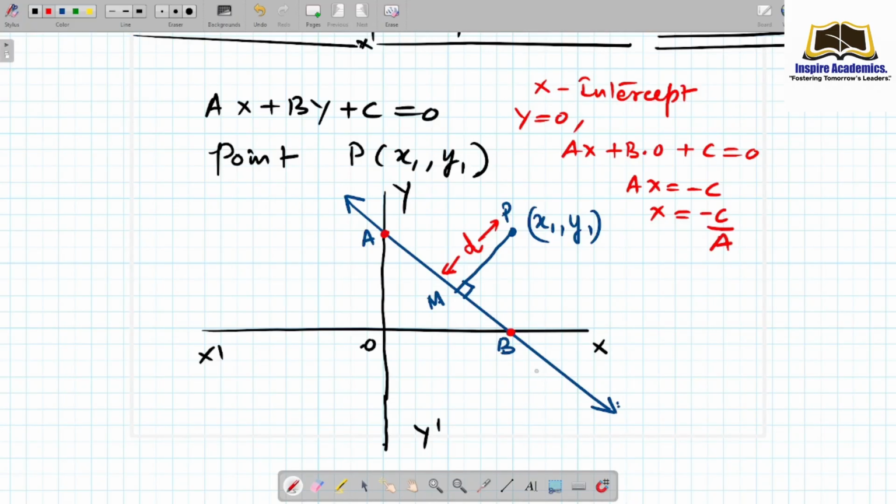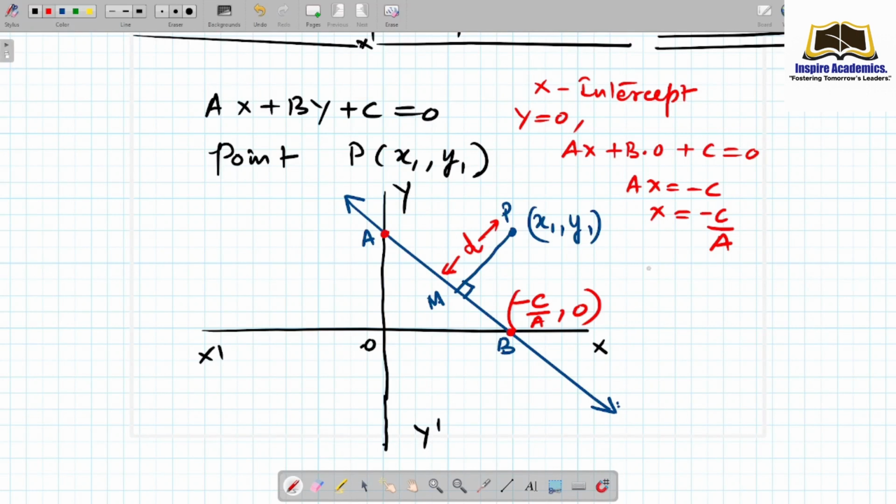So the coordinates of B would be negative c upon a, comma 0. Similarly, the coordinates of A will be 0, negative c by b.